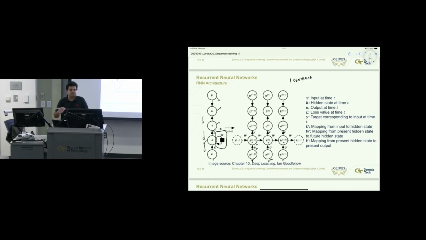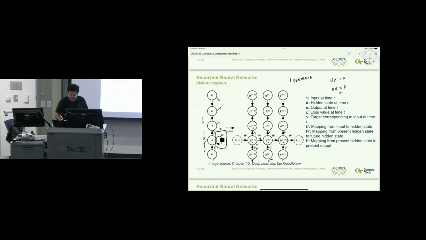It is again going to be multiplied by some weight matrix W to get H_t, and it is again multiplied by another matrix V in order to get your output, right? If this were an autoencoder, you would basically have U multiplied by X, and then whatever H this is would be multiplied by V to get your output. That is going to be X cap, right?